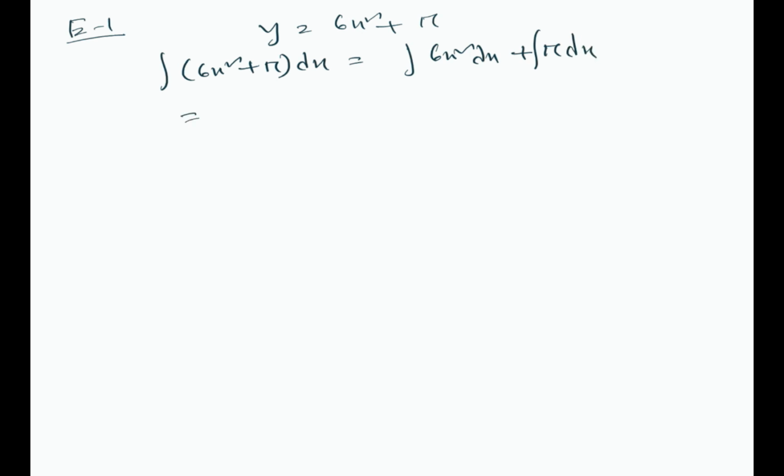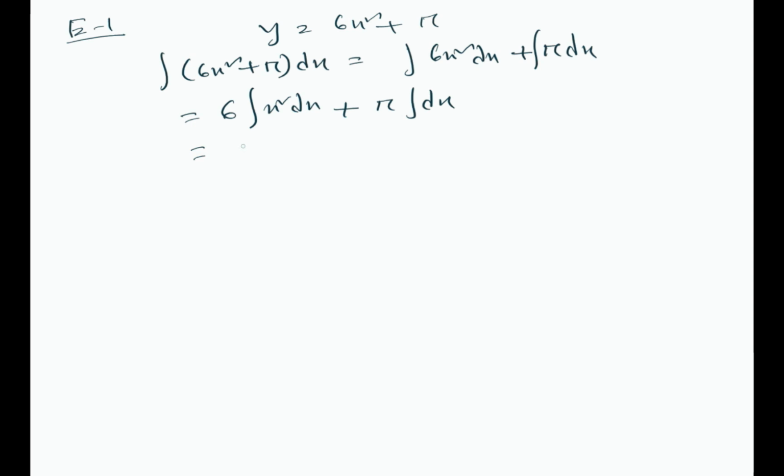We can rewrite it and factor out the constants from the integration. So this is our constant according to the constant multiple rule, and we can write it like 6 times the integral of x square dx plus pi times the integral of dx, right?